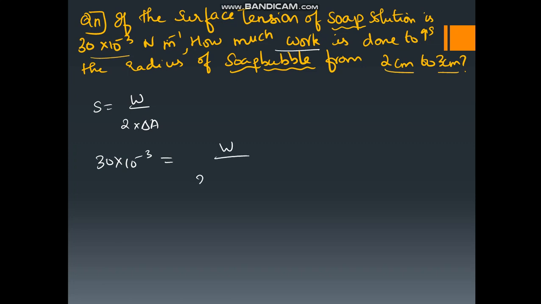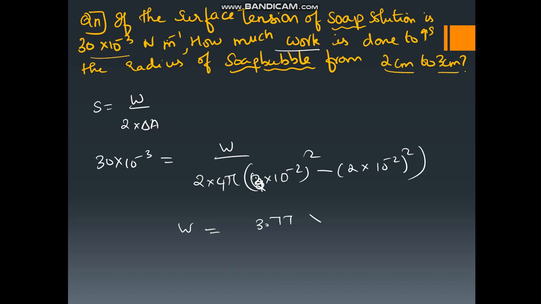So work done by 2 into 4 pi into (3 into 10 power minus 2) the whole square minus (2 into 10 power minus 2) the whole square. So the answer comes out to be work done is equal to 3.77 into 10 power minus 4 joule.